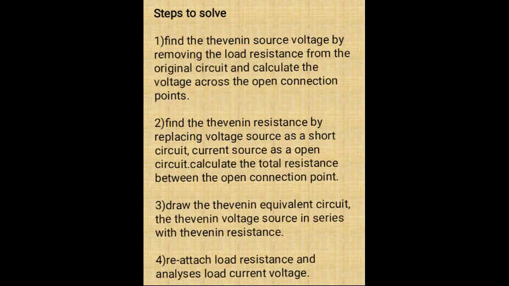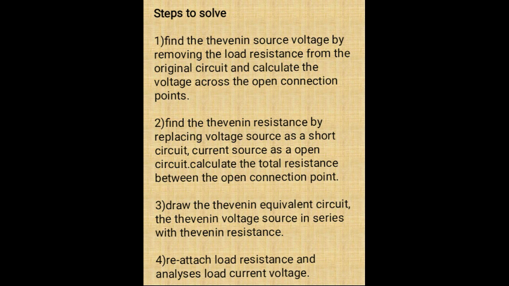Now there are some steps for solving network problems using Thevenin theorem. First, find the Thevenin source voltage by removing the load resistance from the original circuit and calculating the voltage across the open connection point.